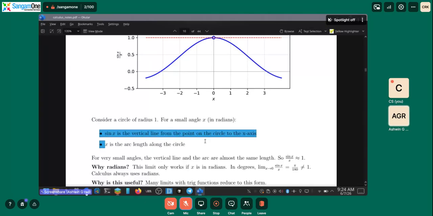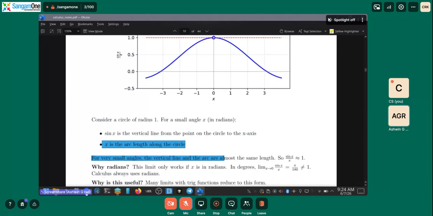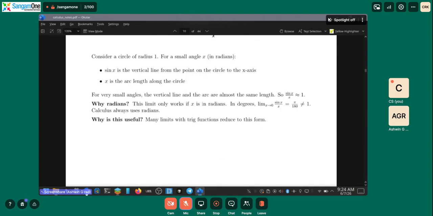Sin x is a vertical line from the point on the circle to the x-axis, as you can see here. x is the arc length along the circle. For very small angles, the vertical line and the arc are almost the same length. So sin x divided by x is almost equal to 1.